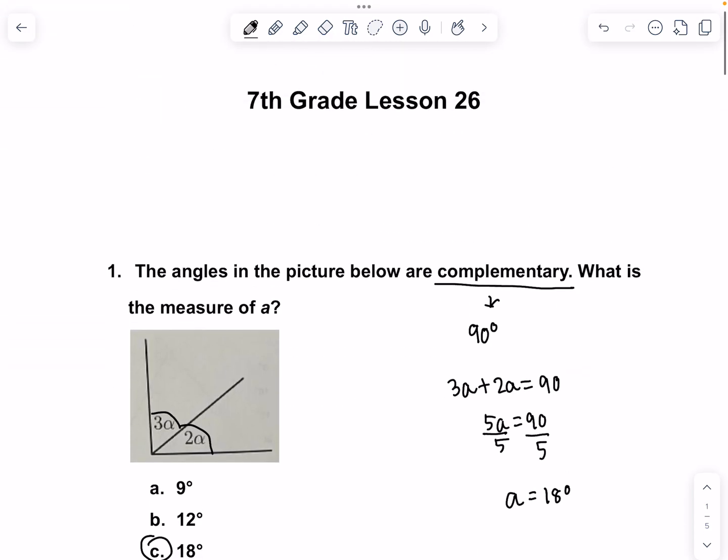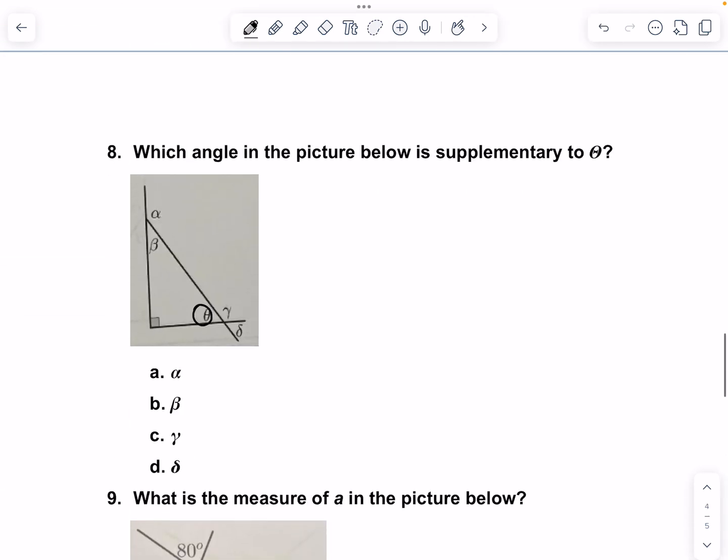So let's do a process of elimination. We know this is 90. We know vertical angles, which would be these two, would be the same because they're vertical.